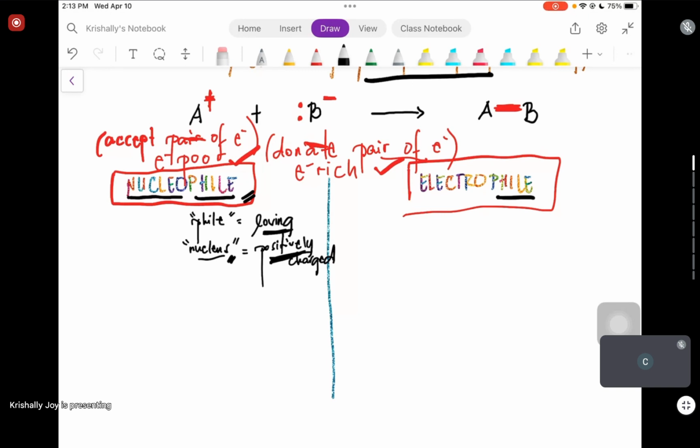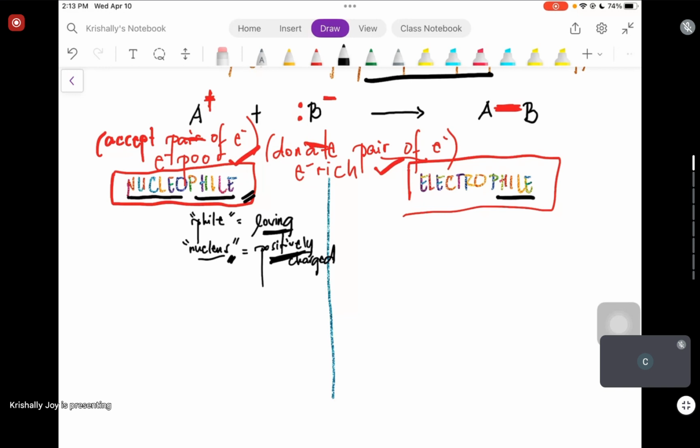That's how we define it based on the name nucleophile. It loves the positive. During a chemical reaction, polar reaction specifically, for it to proceed, opposites must attract. Right? Opposites attract for a polar reaction to happen. One must be a positively polarized center, the other a negatively polarized center.